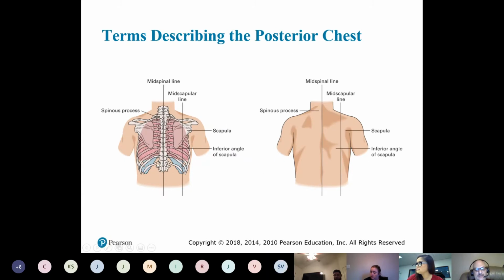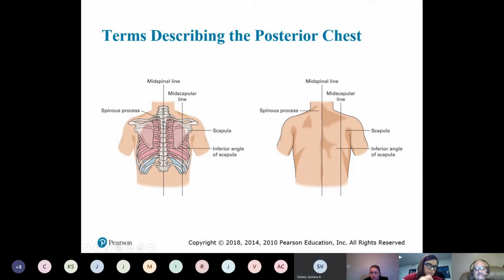Remember, we talked about the spine, and we'll talk a little bit more about it when we get to the musculoskeletal system. The spinous process. If you've seen somebody skinny, not very muscular in the back, you see the little bumps on their back.